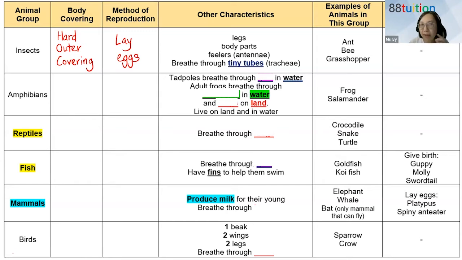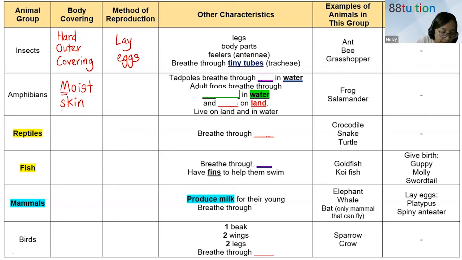What is the body covering of amphibians? Moist outer covering. What is the covering? Is it skin, scales or hair? Moist skin. You cannot write moist body covering, it's moist skin.